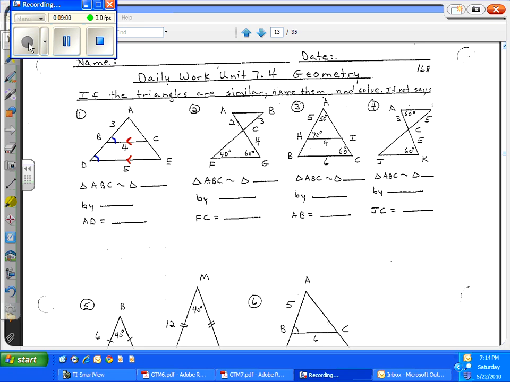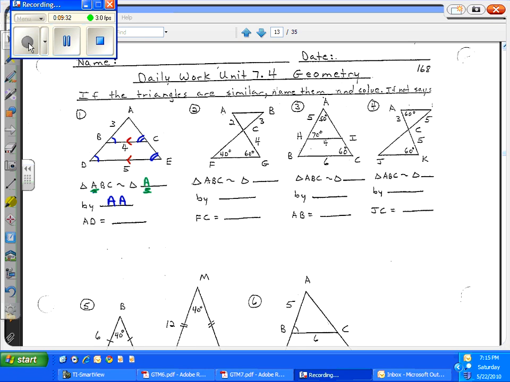Angle ABC and angle D are corresponding. And this angle ACB and angle E are corresponding. Therefore, we can say that these are similar by angle, because we just proved that two angles of one equal two angles of another. Angle A of the top triangle and angle A of the whole triangle is the exact same angle. It's equal to itself by reflexive.